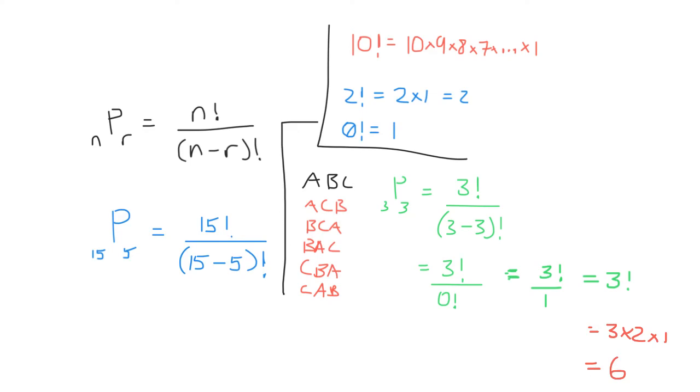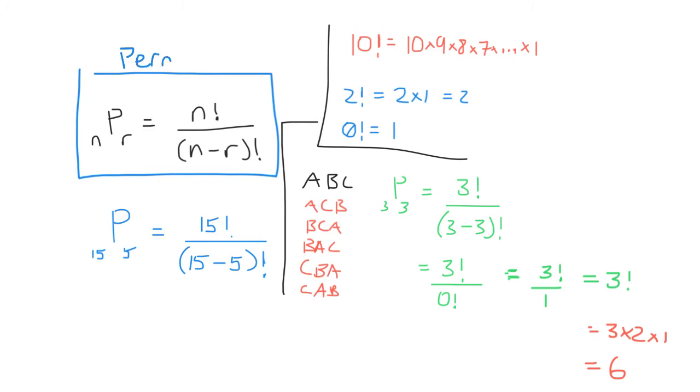Now, I don't want to get into what a combination is, but I will briefly introduce you to at least the formula for a combination. Now, this is the formula for a permutation. You might get a similar question talking about combinations.